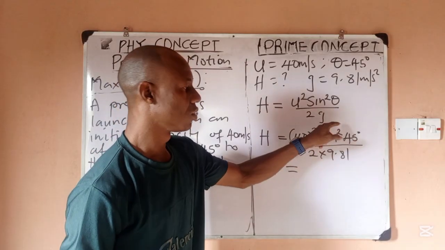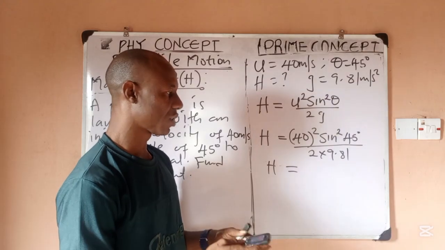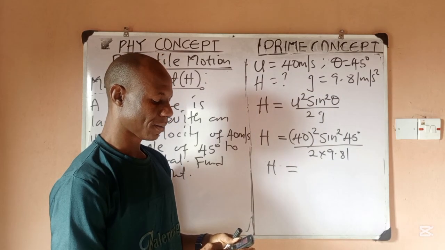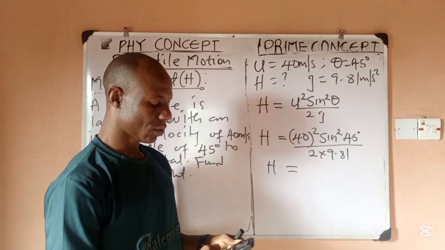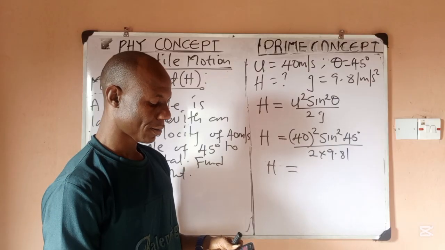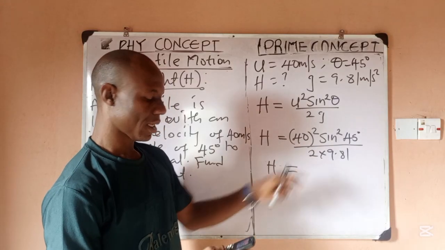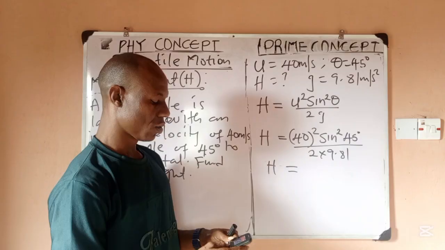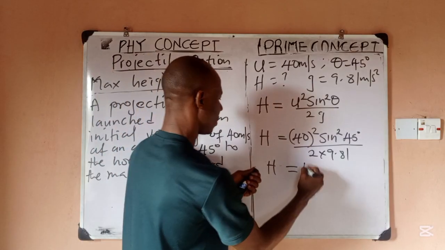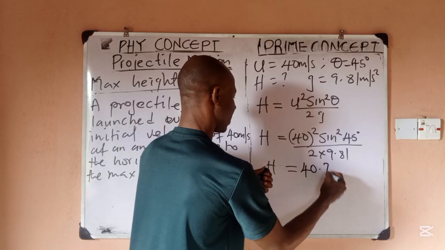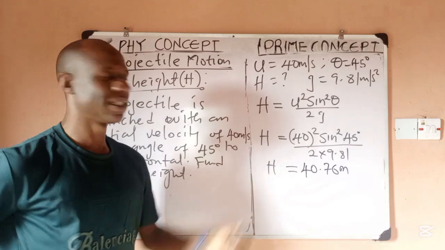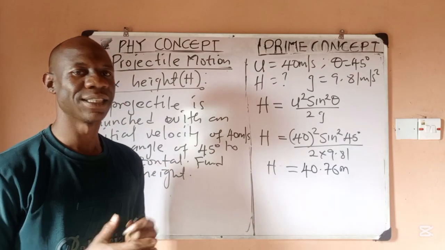Whatever it gives you, you square it. So sine 45 is 0.707. You square it, times 40 squared. Then I'll divide by 2 times 9.81. So this would give me 40.76 meters. Remember, height is measured in meters, and this is the maximum height that is attained.